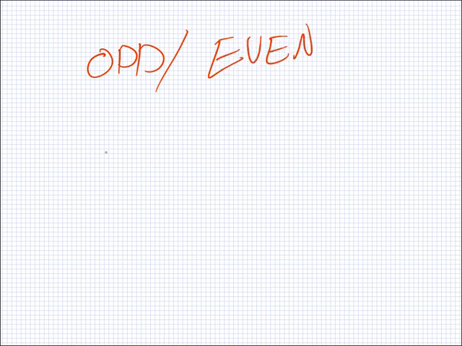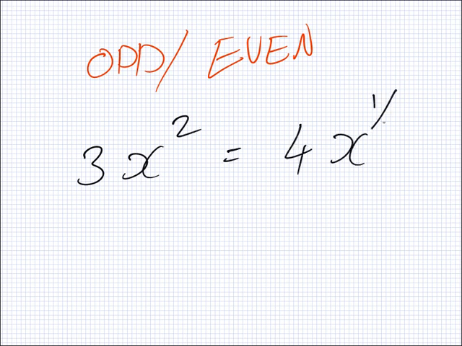If I had some equation, let's just say something like 3x squared equals, I don't know, 4x power 1/6. That probably, because it's positive, it might have two answers. Okay? Because in each case you could have a plus minus.